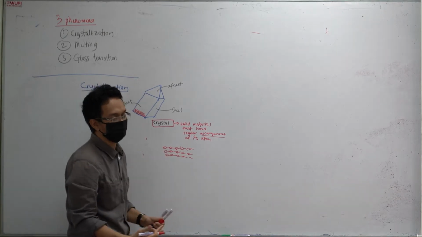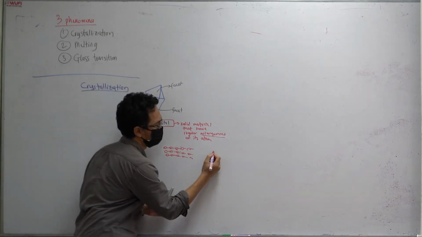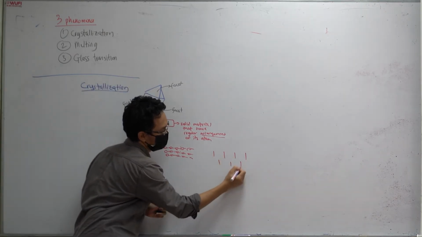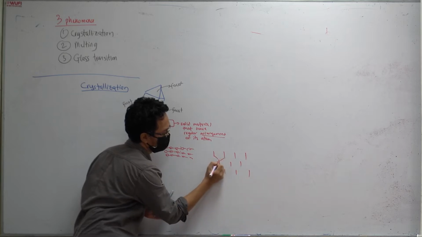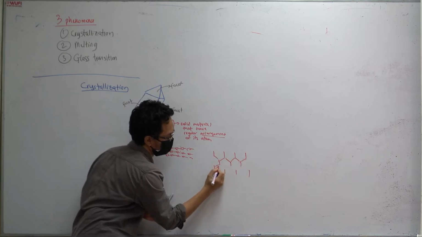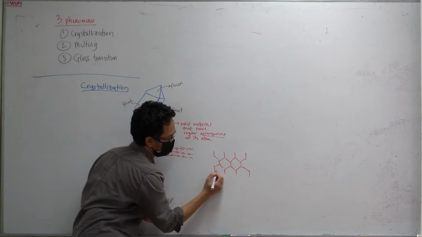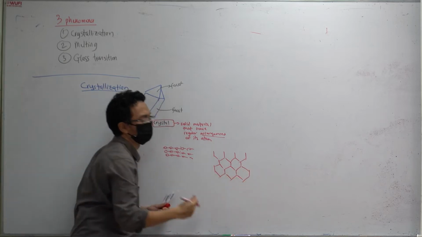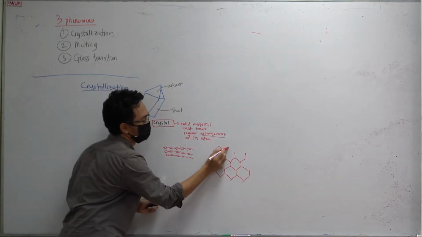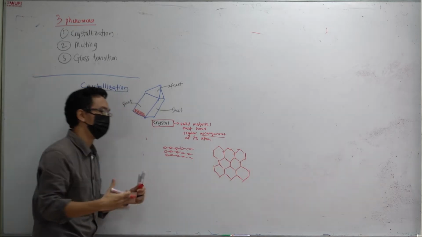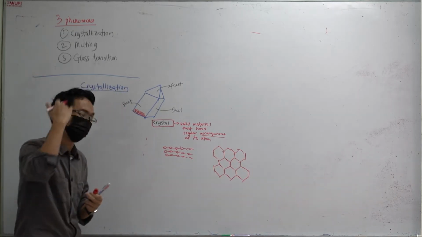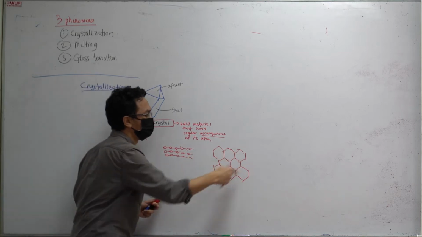but regular arrangement can also mean the pattern itself is regular. For example, if you have something like this, you have a regular arrangement of this honeycomb structure. This we also call a crystal. It is under the category of crystal because it has this regular arrangement.